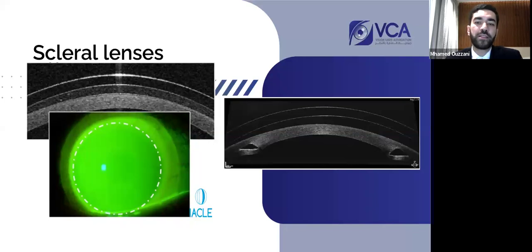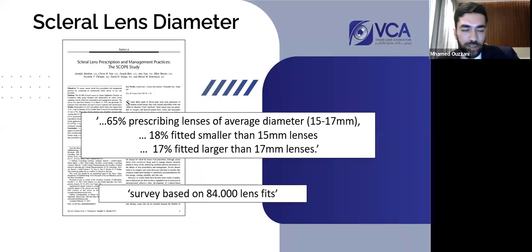So the scleral lens is a large diameter lens. It is by definition a lens that settles only on the sclera. And we have a lot of available diameters in the market. So in your country, or when you look at the labs that manufacture scleral lenses, you will find diameters varying between 15 to 17 millimeters.